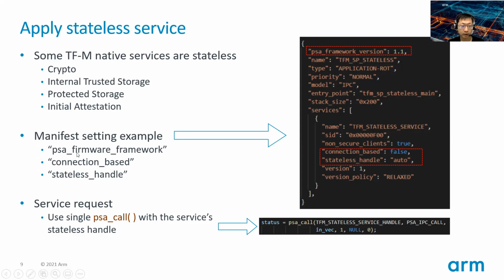For example, we set the PSA framework version to 1.1, the connection-based attribute to false, and the stateless handle attribute to auto. Then let a client call PSA call with a stateless service handle. The target service will be called and will return a success result.